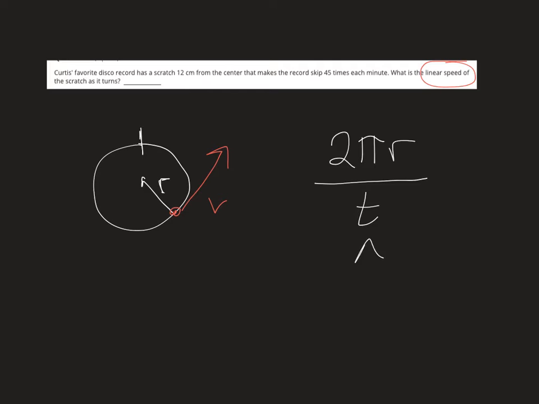This is the period right here. We know that it goes around 45 times, so it travels 2 pi r 45 times in 60 seconds. Let's use that to find the period.